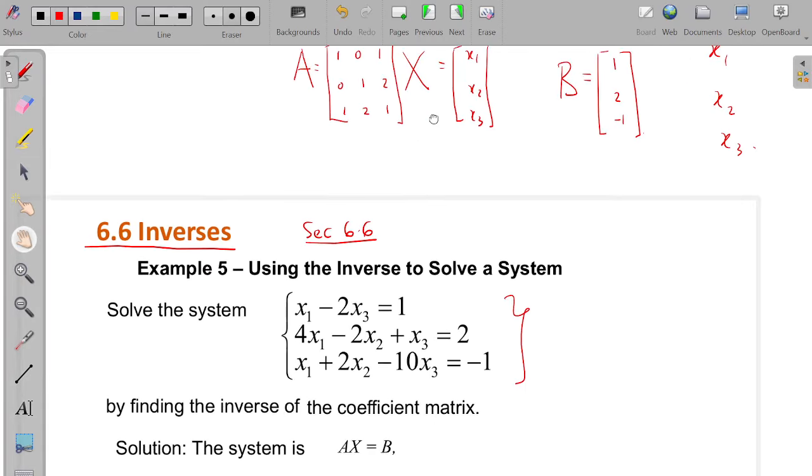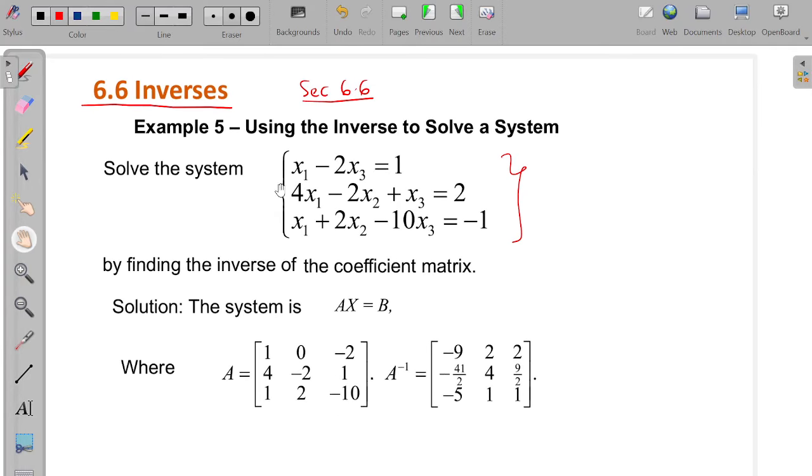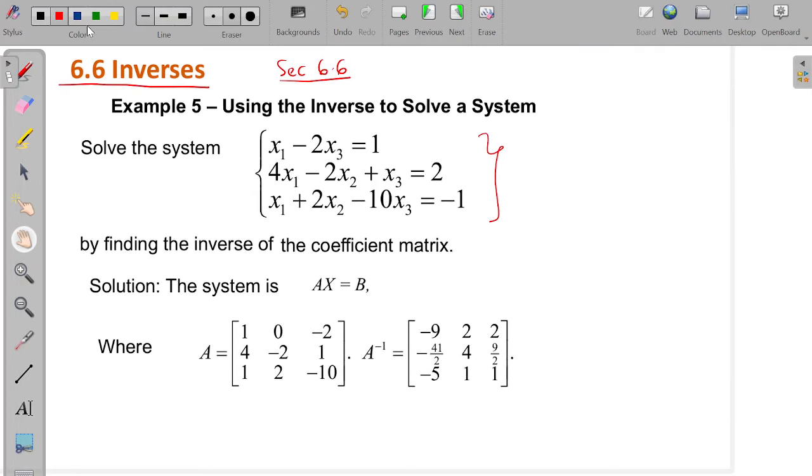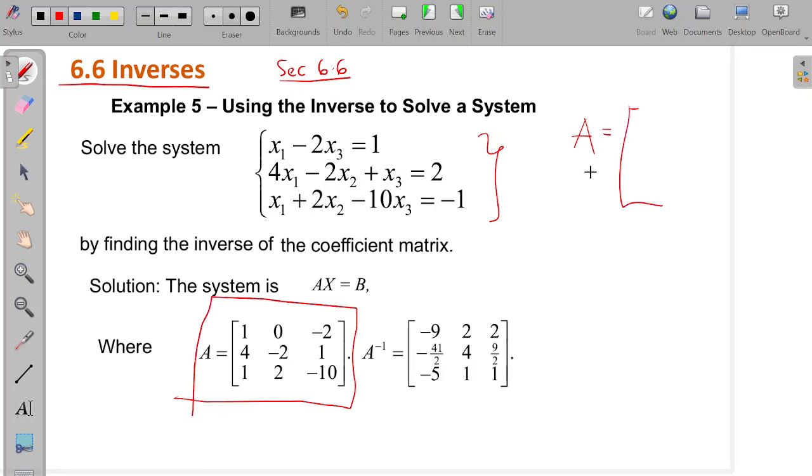That means we are going to be writing out our matrix A, which is this. This matrix A is gotten from this system. X1 is 1, there's no X2 here, so it's 0, X3 is negative 2.